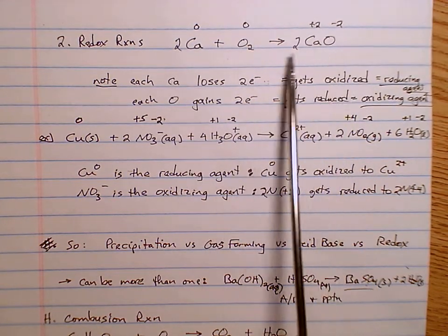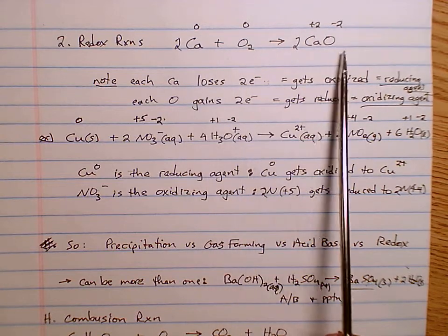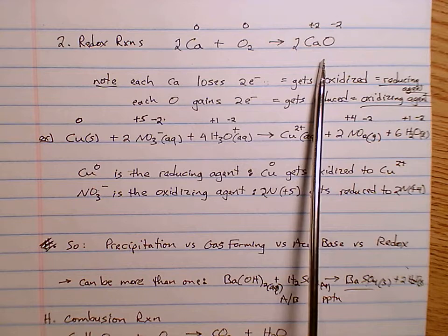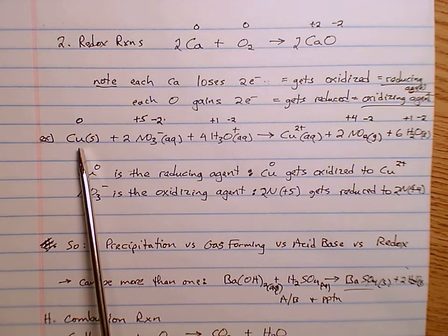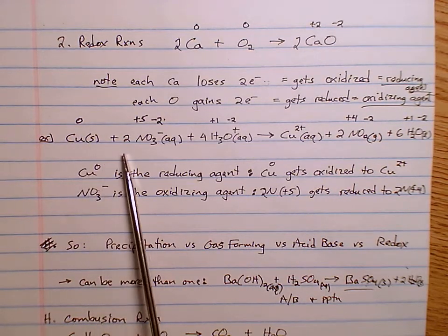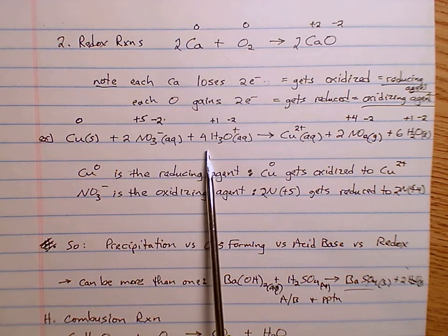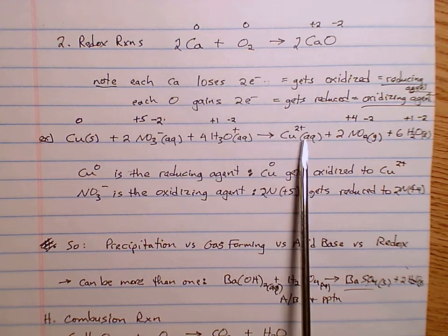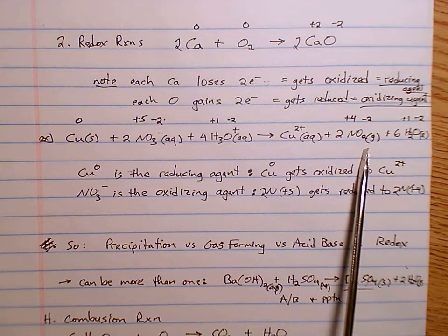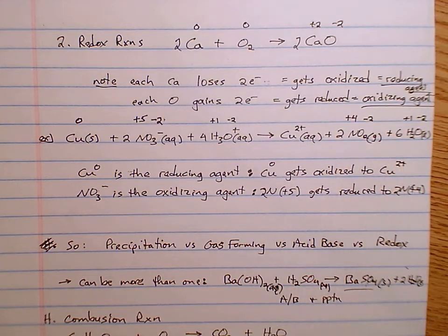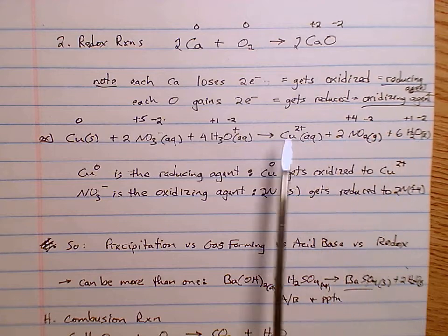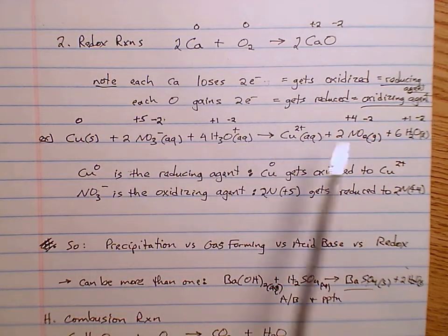And this is a fairly straightforward reaction for a redox reaction, but a lot of our redox reactions get a little nasty. Let's look at this one down here. Copper solid plus 2 nitrate ions plus 4 hydronium ions go to copper 2 plus, 2 NO2 gas, plus 6 H2O liquid. Note this is balanced. If you add up all the hydrogens, oxygens, nitrogens, coppers, it's a balanced chemical equation.